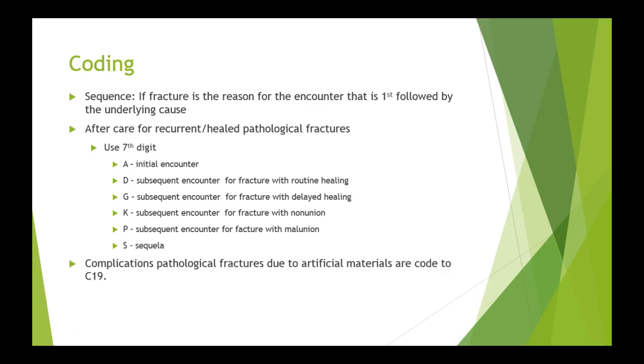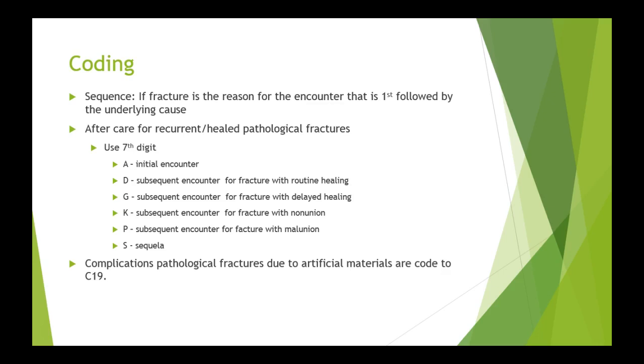When coding for aftercare, you may see some terminology such as a recurrent or a healed pathological fracture. We would use the 7th digit of these pathological fracture codes, and most of these are by location.